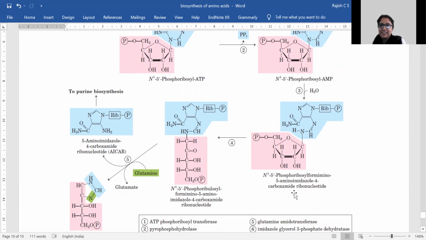Now, this histidine synthesis is going to be filled with such extremely complicated names, because histidine is an important part of the nucleotide synthesis part also, that we will be looking into in the next sessions. So there will be so many nucleotide ring structures and these aromatic ring structures that are involved in the histidine biosynthesis. So now the phosphoribosyl AMP hydrolase will add a water molecule over here.